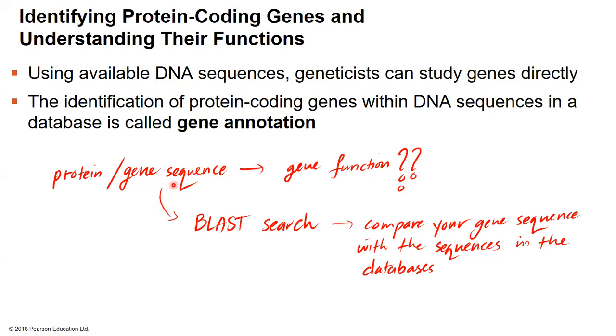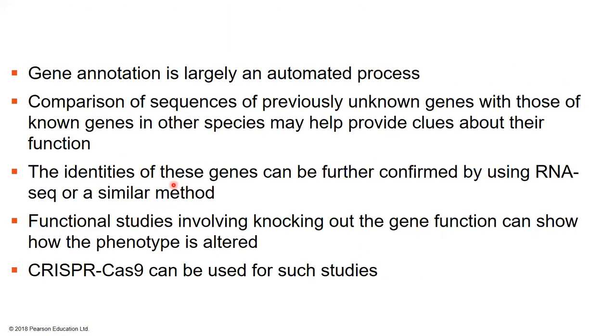Before the Human Genome Project, for example, some genes were already known and their functions were known, but some other genes were unknown and their functions were unknown. So what happened is that after the Human Genome Project, scientists identified new genes and compared the sequences of these new genes with the sequences of other species.